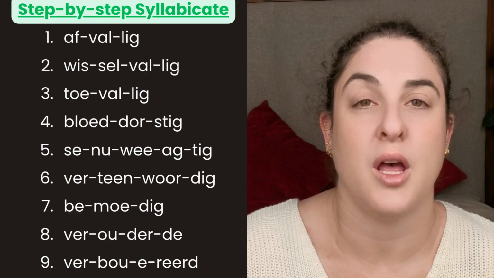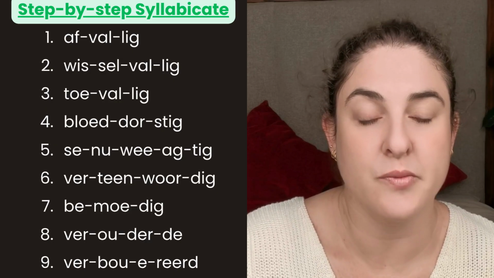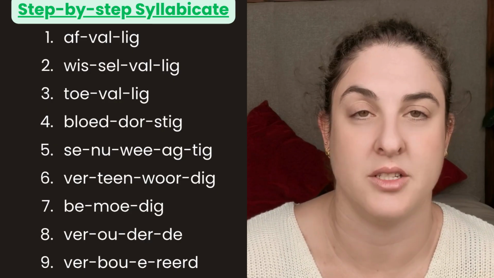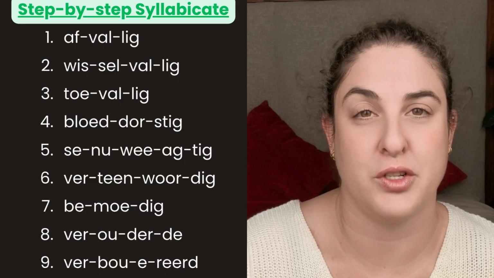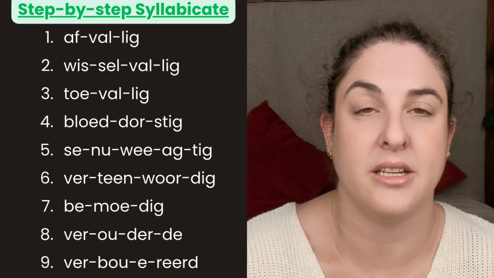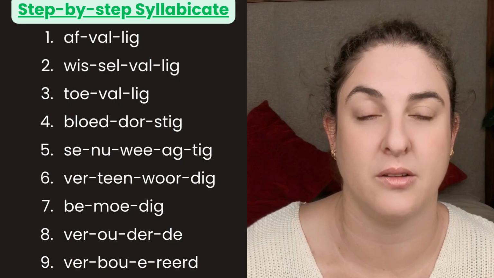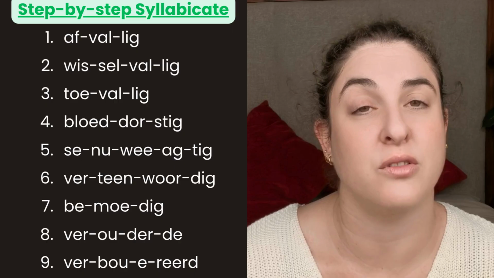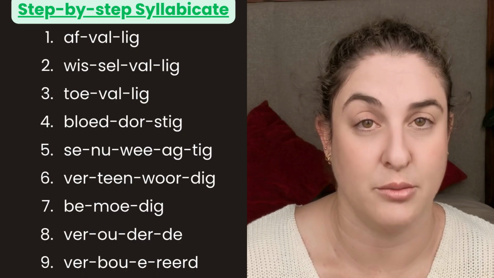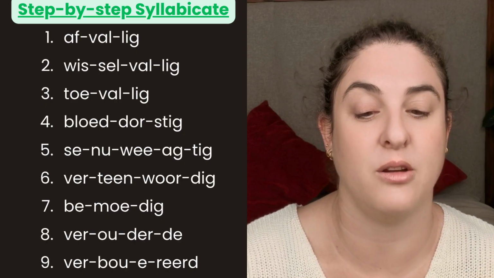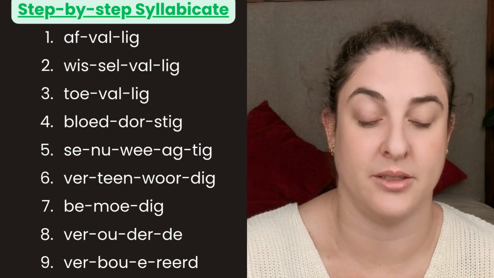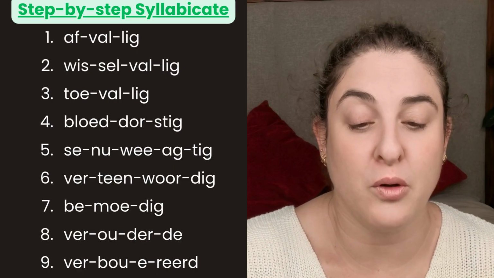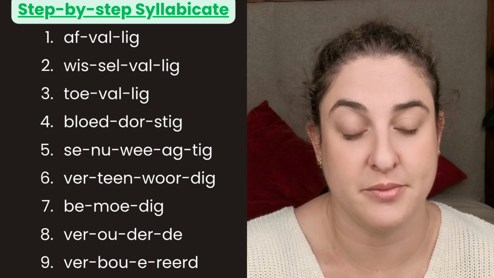Then we have bemoedig. Again, dig, syllable. And then the first two, you simply divide that into the consonant with its vowel and then the other consonant with its vowel, because you can only have one vowel per syllable. Right, and then we have verouderde. What I mentioned before, ver is going to be a syllable.